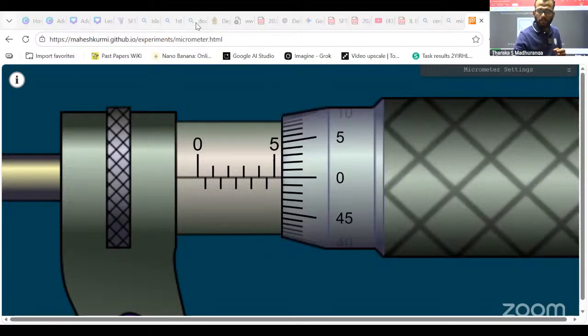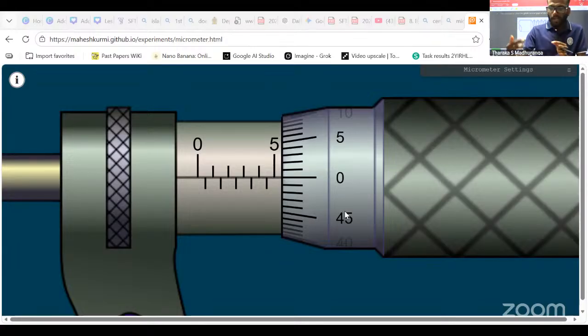Very good. It's 5.5 millimeter. Very, very good. Now this is the actual screw gap.